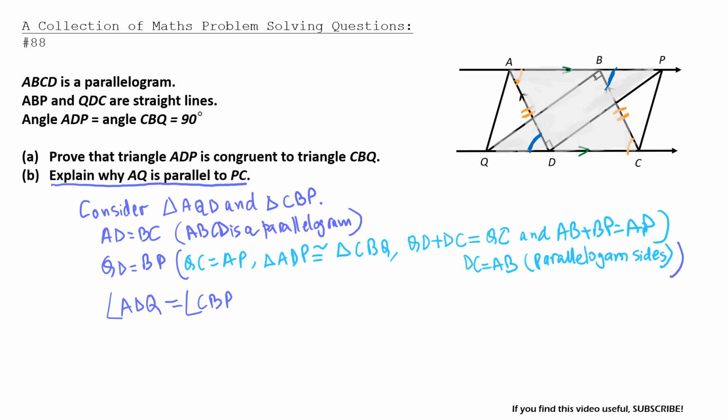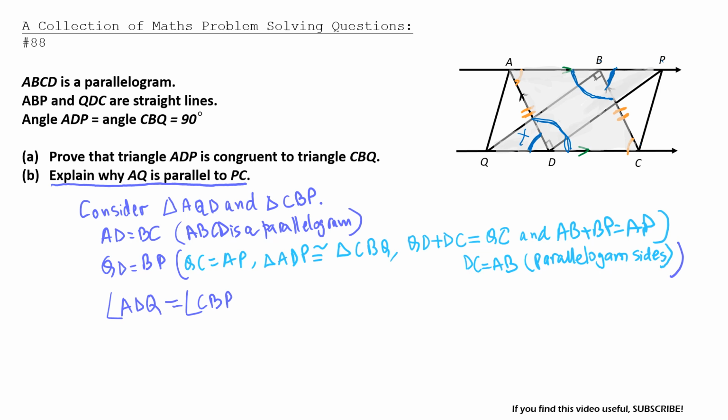Now the reason I think is quite obvious, because ABCD was a parallelogram, and this whole angle, that is angle ADC, equals angle ABC. So angle QDA would be 180 minus angle ADC, and if you look at the angle PBC, you will see that's also equal to 180 minus angle ABC.